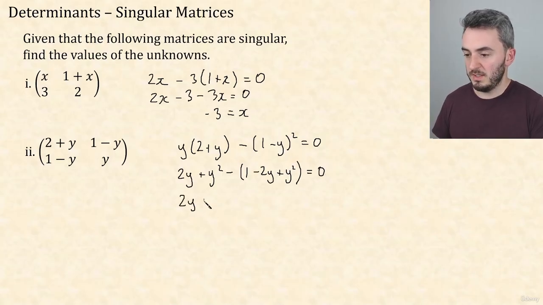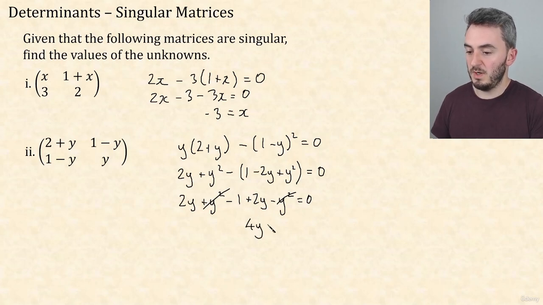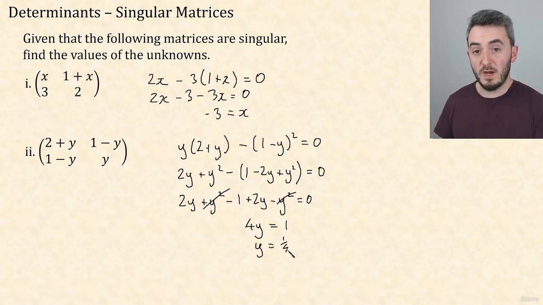So 2y plus y squared minus 1, plus 2y, minus y squared equals 0. So we actually didn't have a quadratic because the y squareds cancel. In total then, we've got 4y minus 1 equals 0, so 4y equals 1, and y equals a quarter. So when y was a quarter, we had a singular matrix here.